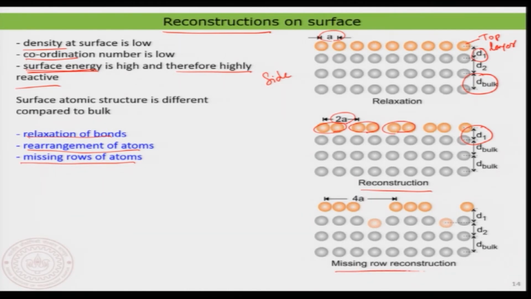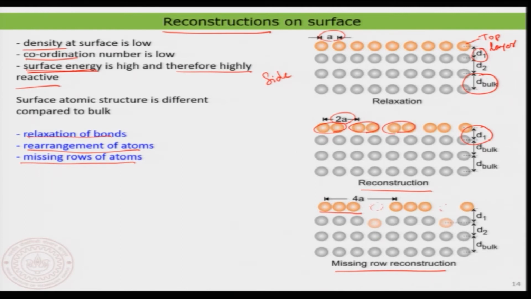Now, you can also have something called missing row reconstruction. The missing row reconstruction is very interesting, where more atoms are coming closer. As you would see here, 3 atoms are coming closer, and they are forming some kind of group. And once you put 3 atoms together, immediately one of the atoms here, which was originally there, starts to feel isolated, and that atom would miss, or it would maybe move into the bulk, or it may rearrange somewhere else, and so on.